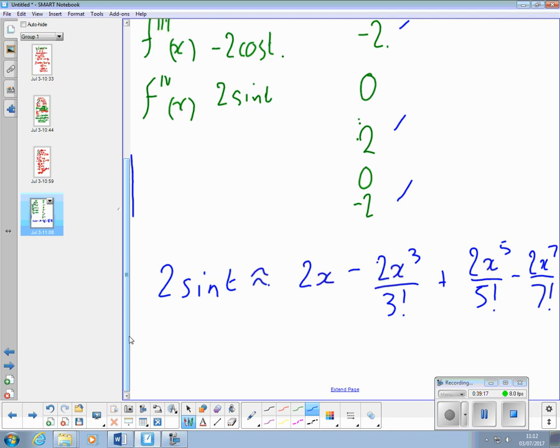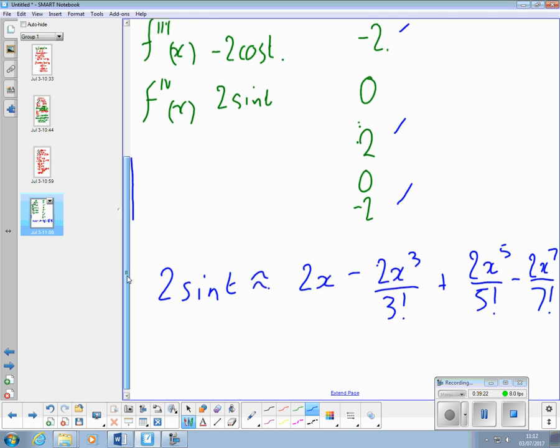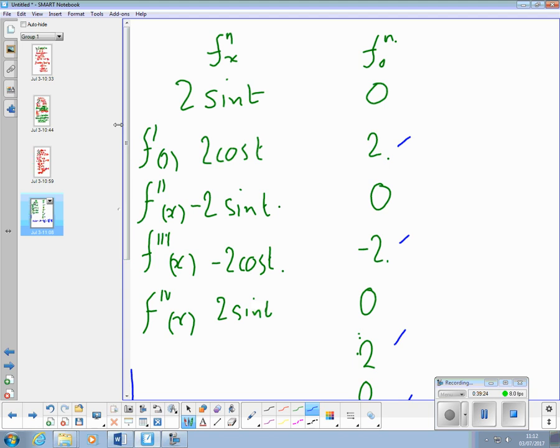What would happen if you started off with a cosine function? If that was 2 cosine t instead of 2 sine t, that constant would be 2 and the sine-type terms would be nothing.